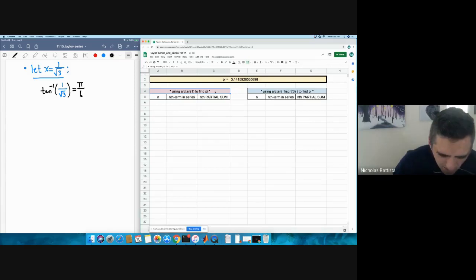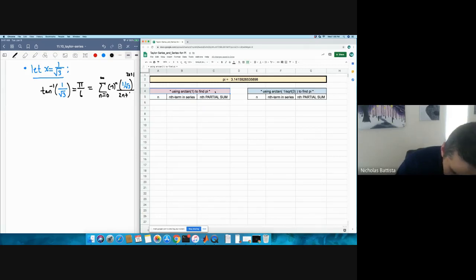So when we plug the value of x equals 1 over root 3 into that infinite series for the arctangent, we get minus 1 to the n, now we get a 1 over root 3, and that's raised to the 2n plus 1 power. Now I'm running out of room. All over 2n plus 1.